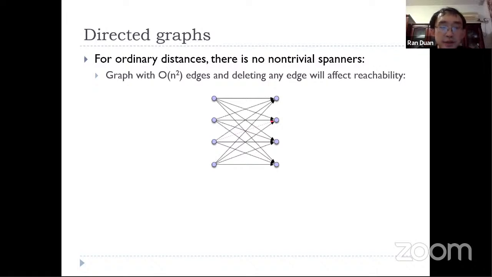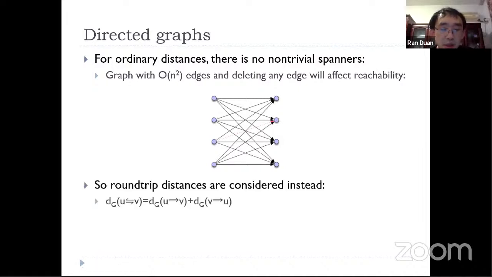Because we can construct a complete bipartite graph where all edges go from one side to the other side. Deleting any edge will cause one vertex to no longer reach another. So there are no non-trivial spanners.